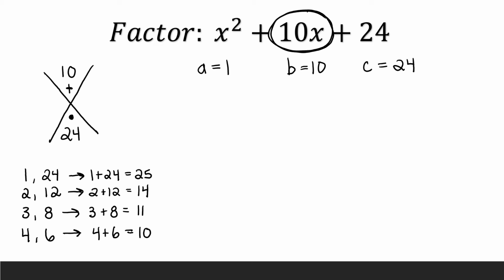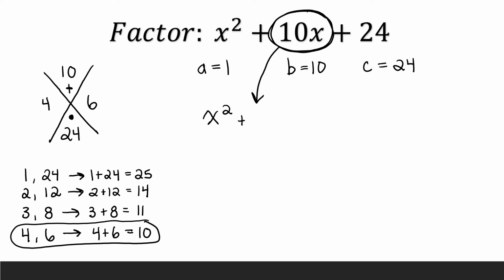We're looking for the pair that add to 10, so that's 4 and 6. So again, 4 times 6 is equal to 24, and 4 plus 6 is equal to 10. So when we split up that b term, we have x squared plus 4x plus 6x plus 24. And that's how we're going to split that b term.